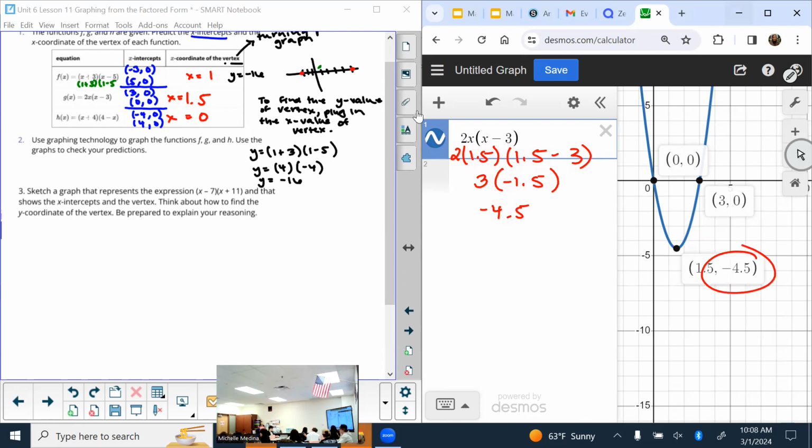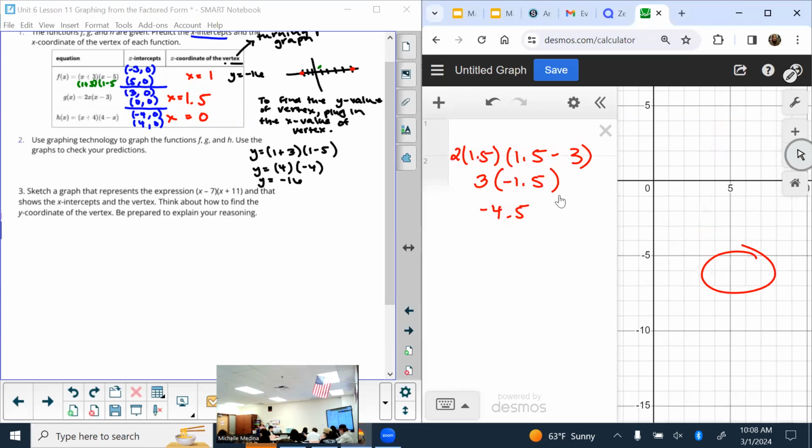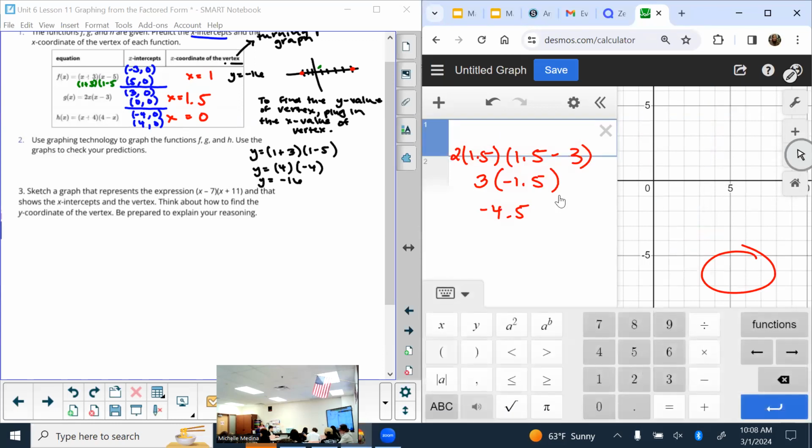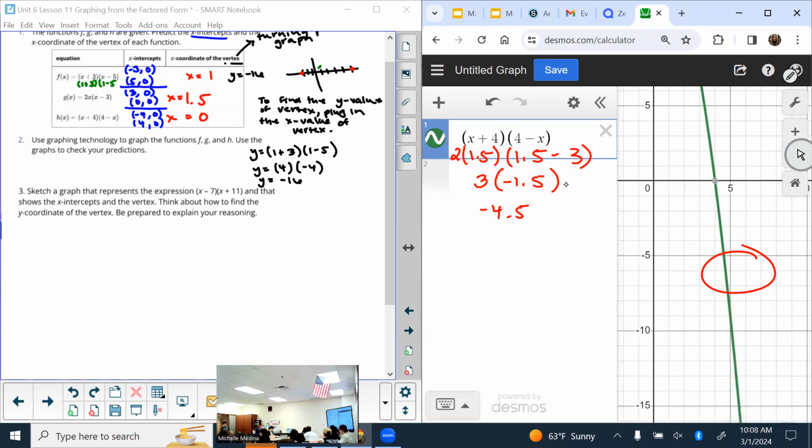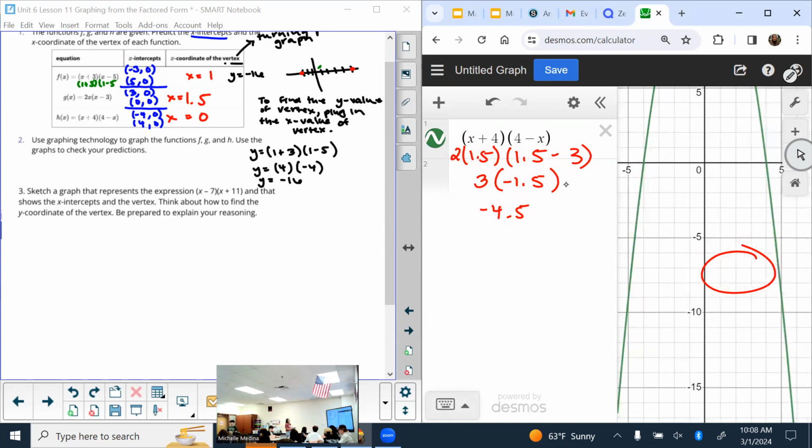All right, when I type in the next one, 4 minus x. You see that our x-intercepts are the same that we predicted them to be from the factor form.